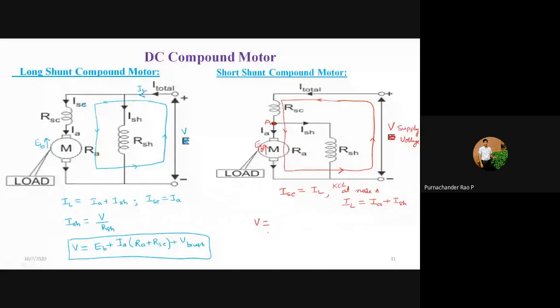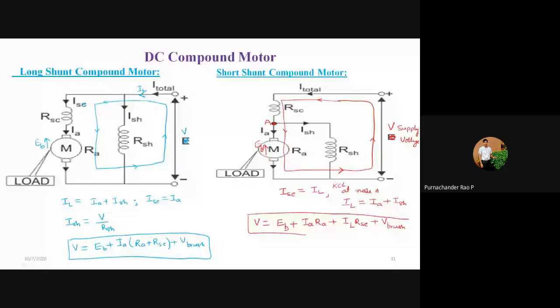So V is equal to EB plus the current passing through the armature, which is IA RA, plus the current through the series field winding, which is IL, because ISC is flowing and ISC is equal to IL, and therefore IL into RSE plus the voltage drop across the brush.